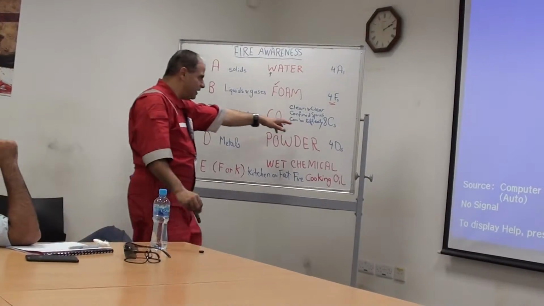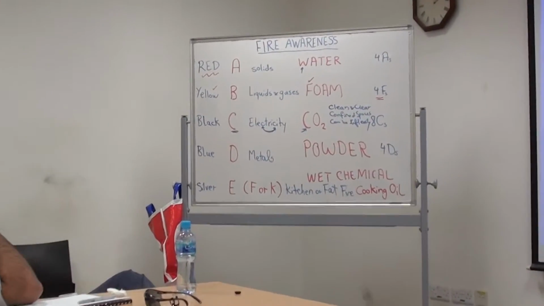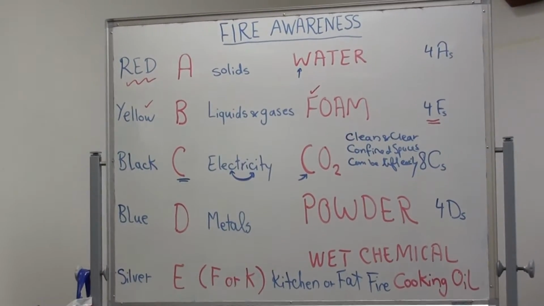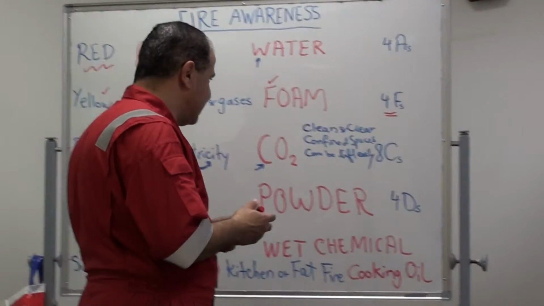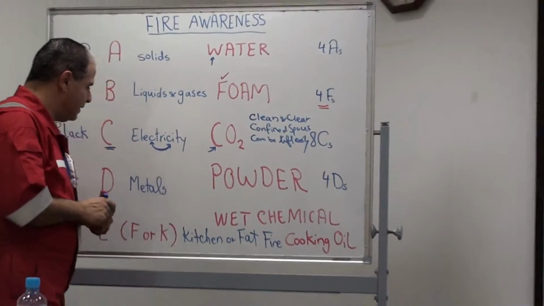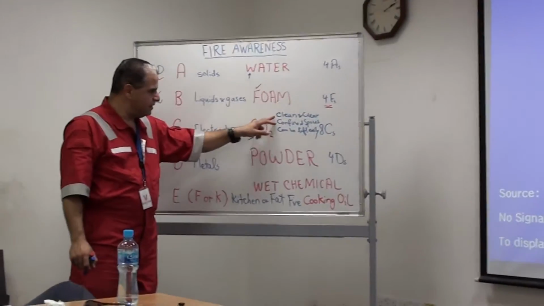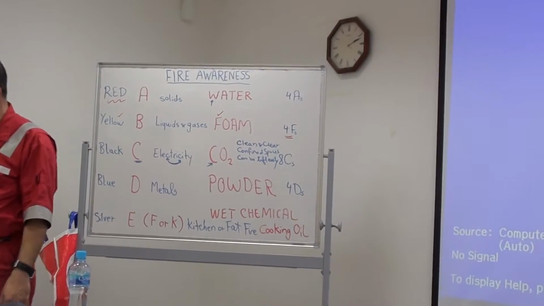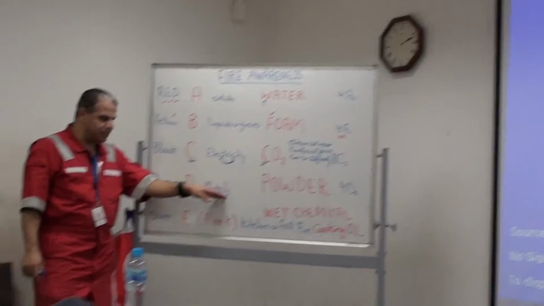It can be left easily because it is light in weight, and this is preferable for the ladies at home. So the preferable domestic fire extinguisher is carbon dioxide. C, C, C, C, C, C, C. Okay? Lots of C's.